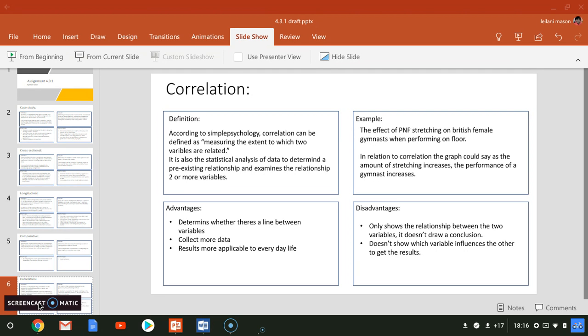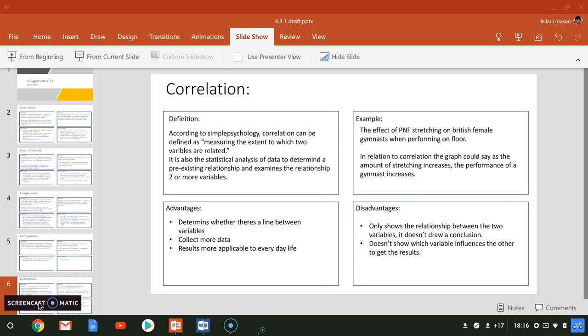The advantage is that it determines whether there's a link between the variables. So if you didn't get all your results but there's a clear correlation, you can tell roughly where the rest of the results will be, because there'll be a line of best fit to show us either positive, negative, or scatter correlation.